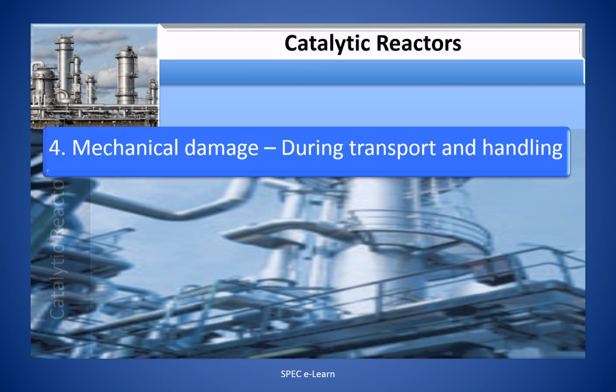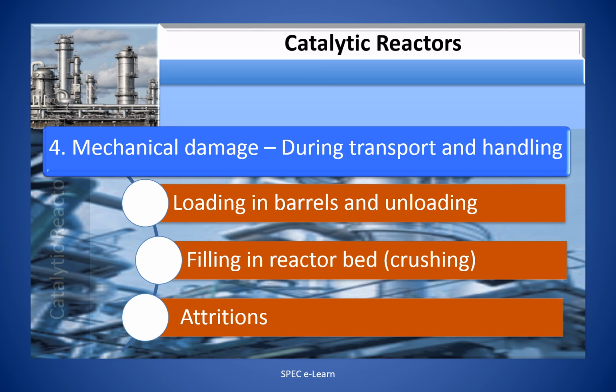Mechanical damage. Mechanical damage occurs during transportation and handling. It includes loading in barrels and unloading, filling in the reactor bed, due to which the damage can occur by crushing and attrition.